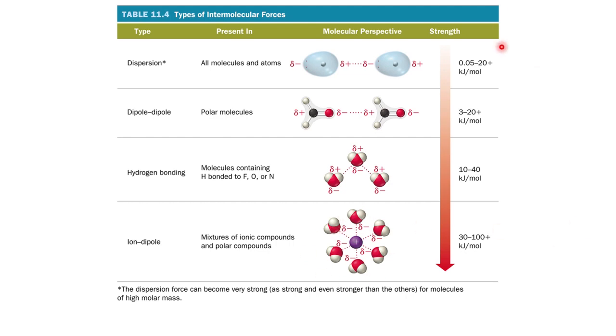Okay, so again, what you'll want to be able to do is recognize which intermolecular forces are present when you're shown an example of interaction, and you'll want to be able to predict the behavior of a molecule based on that. So can you predict boiling point? Can you predict how molecules will interact with water?